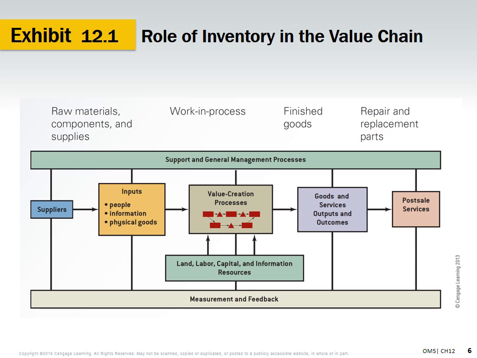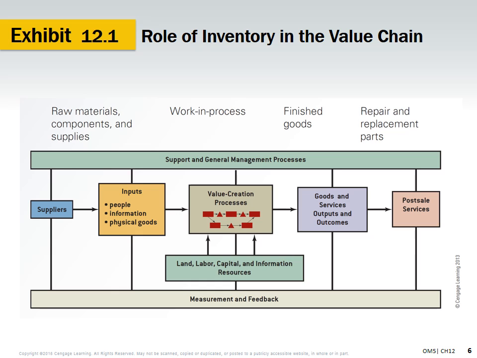Let's talk about the value chain. So here we see, look, the mouse does work, how we have our standard suppliers into the value creation, product, goods and services that come as a result, to post-sale services. In all of our cases, we've got those four different types of inventory.